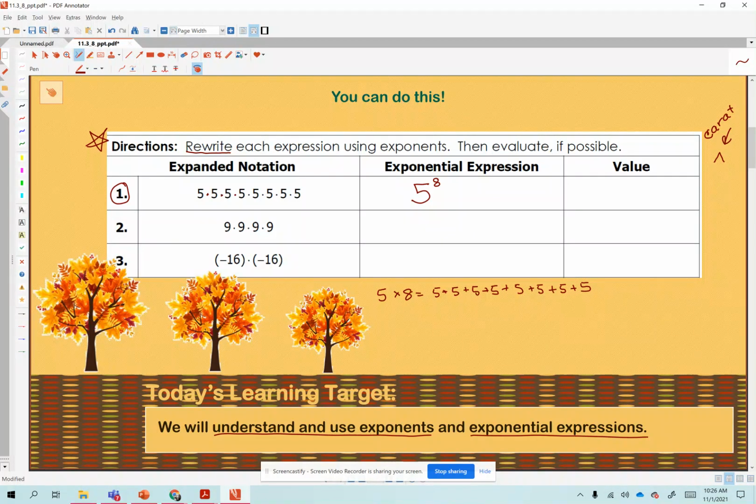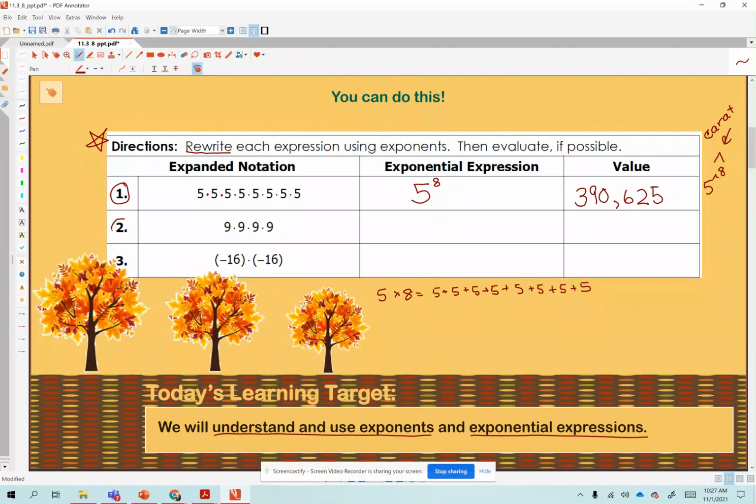So you would put in the base of 5, then the caret sign, and the 8, and that will evaluate the expression 5 to the 8th power, which is, remember, exponential expressions get large very quickly. So this will be 390,625.